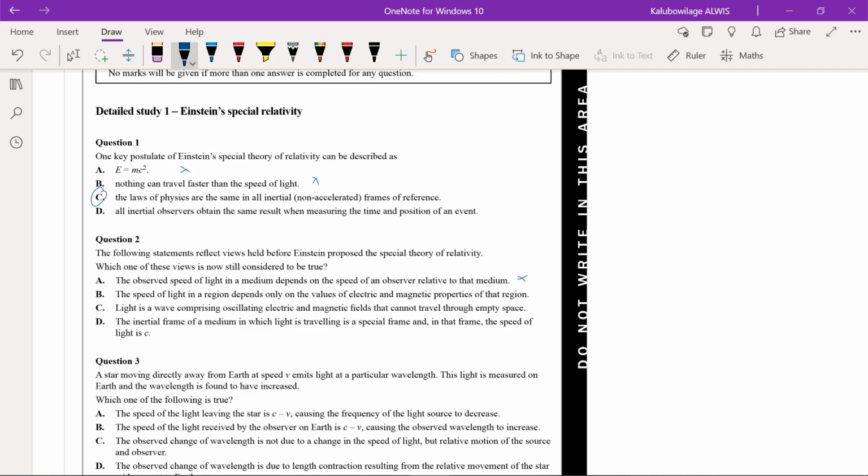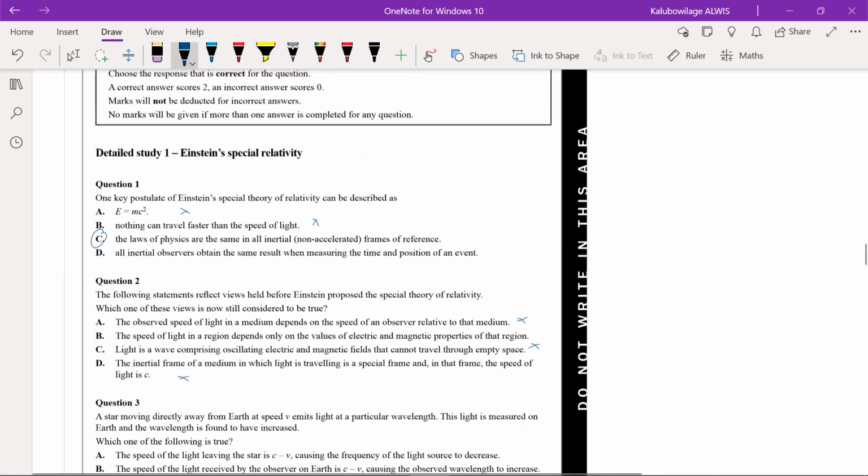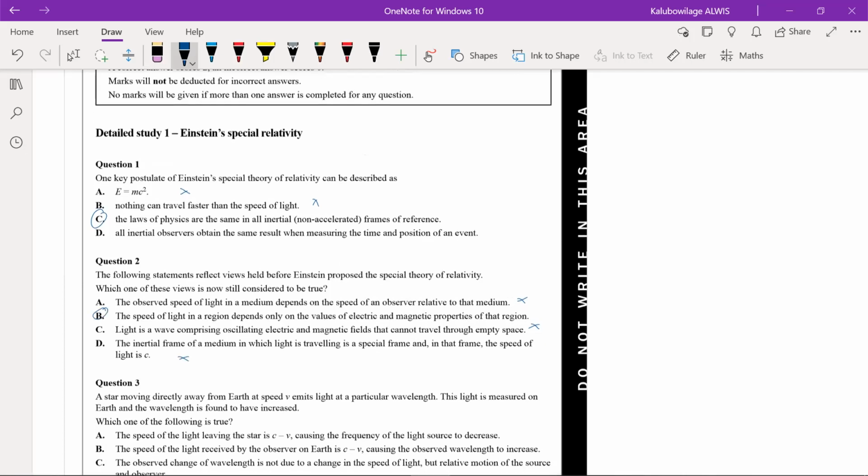It's true, but we'll keep going. Light is a wave comprising oscillating fields that cannot travel in empty space. The inertial frame of a medium in which light travels is a special frame, and that frame determines the speed of light. What special frames? Inertial frame stuff. Softened by Einstein. So it must be B.